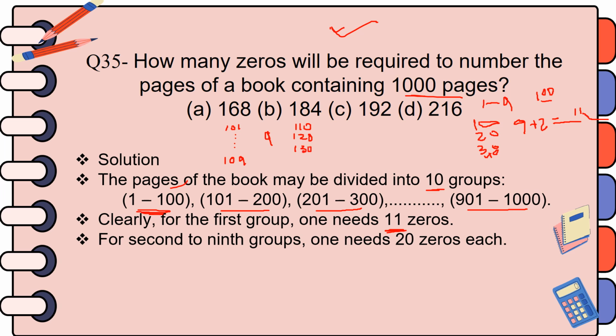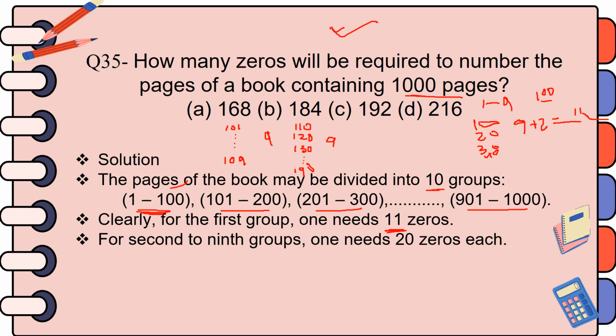In such a way, you go up to 190. So from 110 up to 190 there are again 9 zeros.